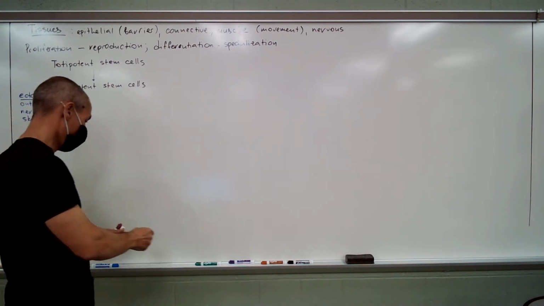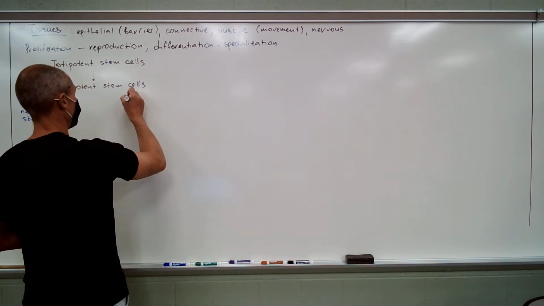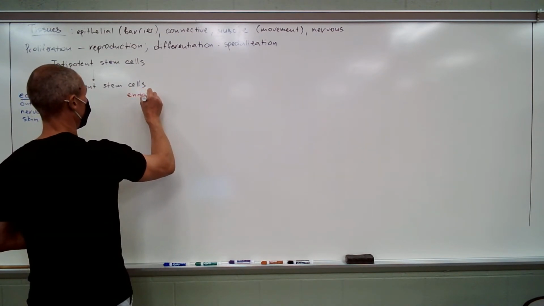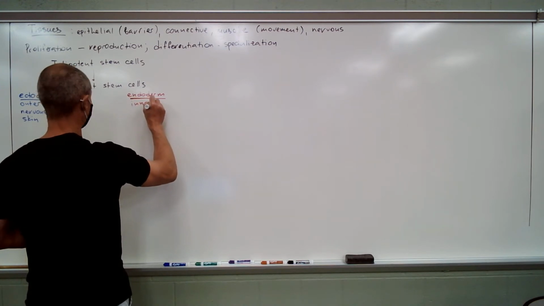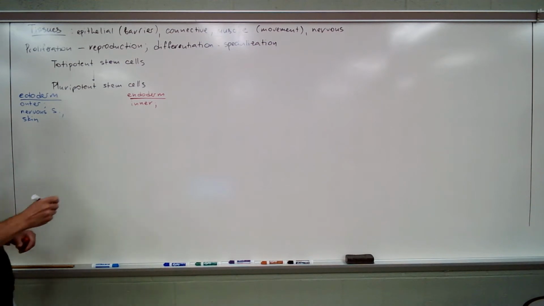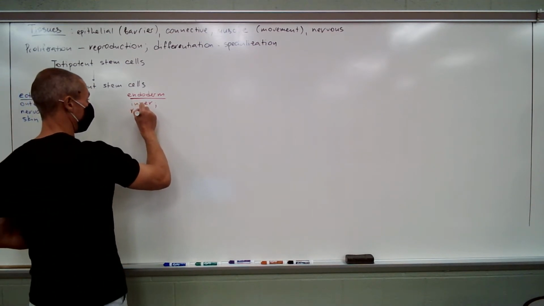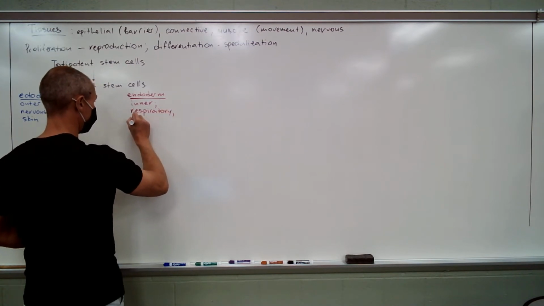The innermost layer, which is called endoderm, gives rise to systems like respiratory or digestive.